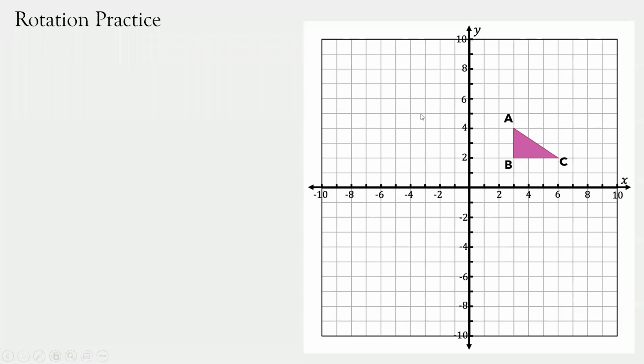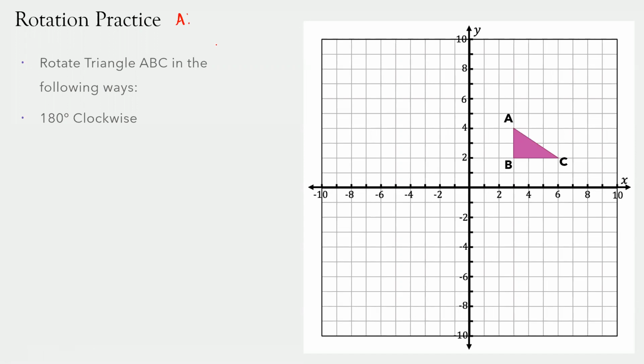So what we're going to do is rotate triangle ABC in the following ways. We're going to start with 180 degrees clockwise. So I'll give you the points again. I'm going to write these at the top this time. So A is at the point 3, 4.